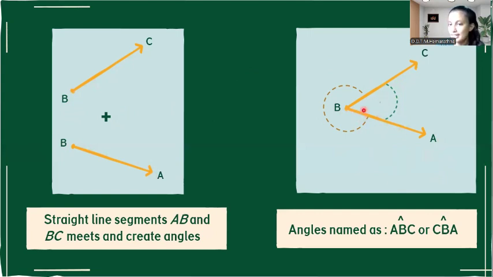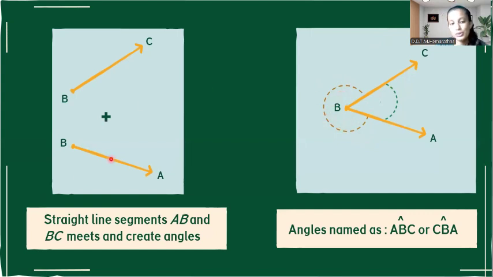When two lines get together, they form two types of angles. You can see here there is an acute angle and on this side there is a reflex angle also, no? This angle is less than 90 degrees, so we call this an acute angle. And this is greater than 180 degrees, so we call it a reflex angle.